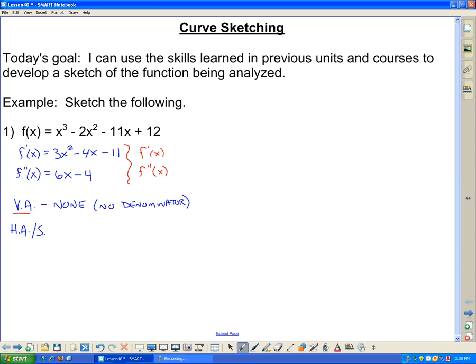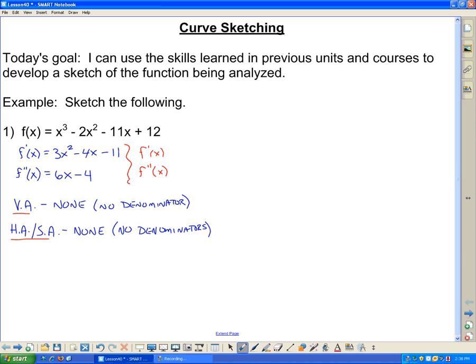Horizontal asymptote or the slant, none. Same reason, if we don't have a denominator, we don't have to worry about the asymptote. So those two are taken care of. All right. Where do you want to go next?